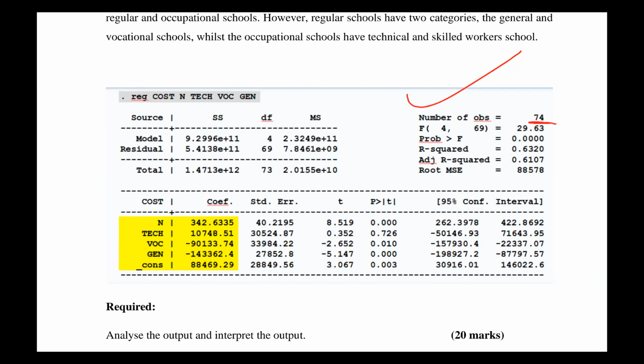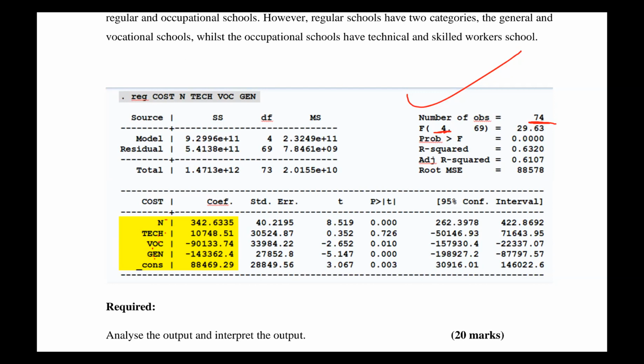We just have 4 variables, right? And then the degrees of freedom is 69. So the F statistic is 29.63. That is our F statistic.